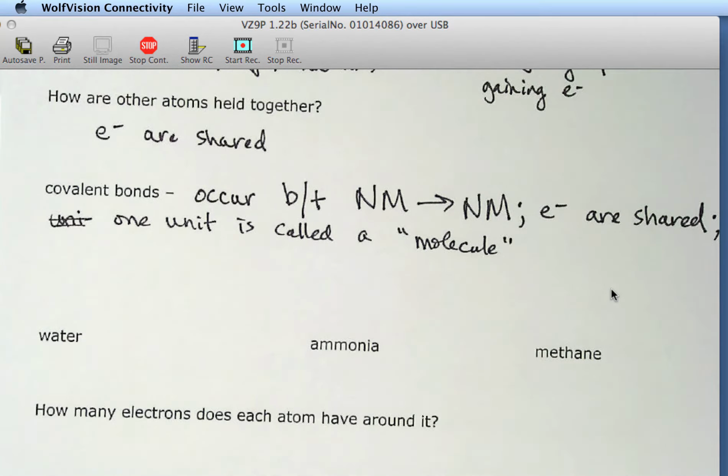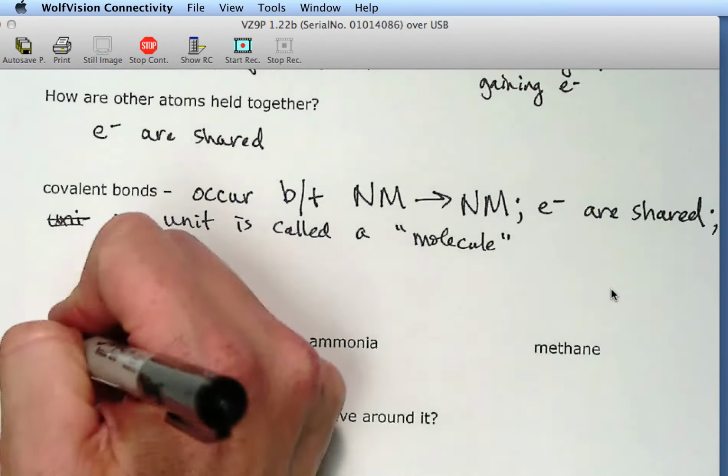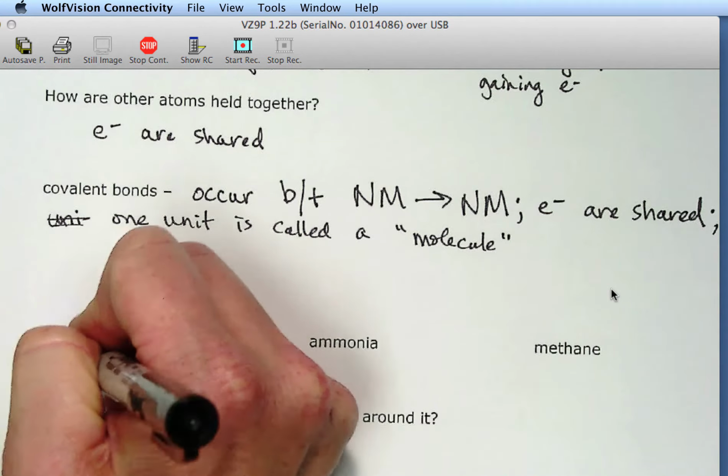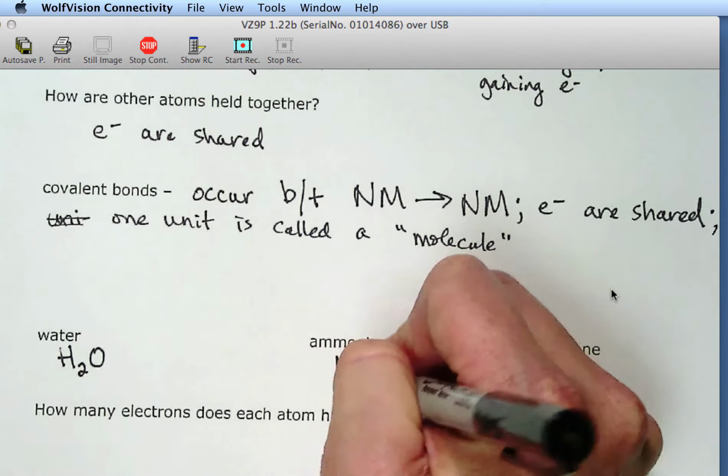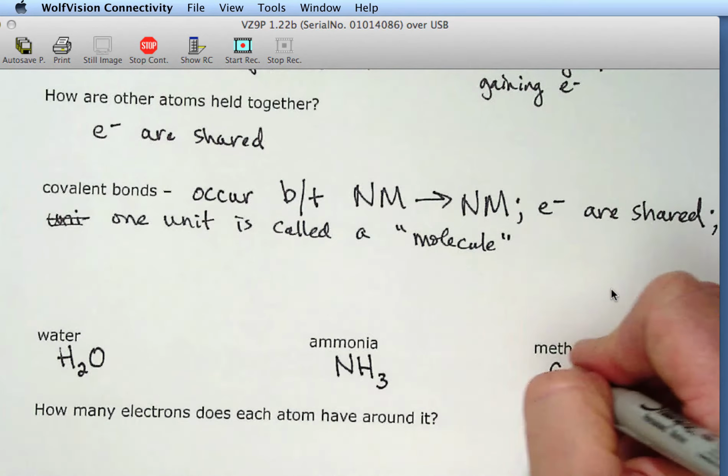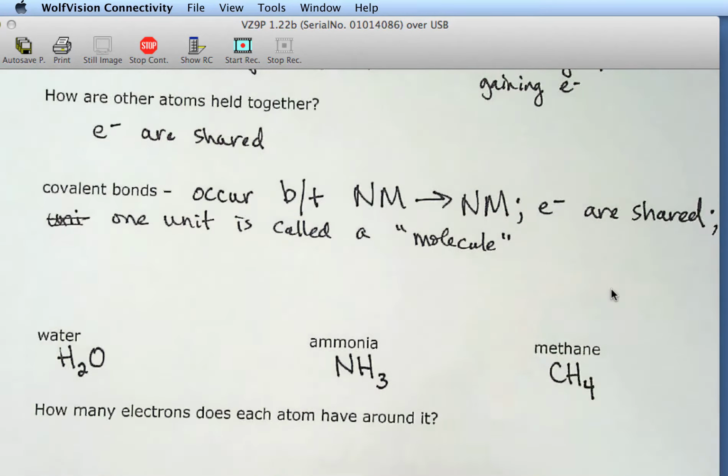And I'll show you their formulas. H2O, NH3, and then methane is CH4. We're going to draw electron dot diagrams for these molecules.